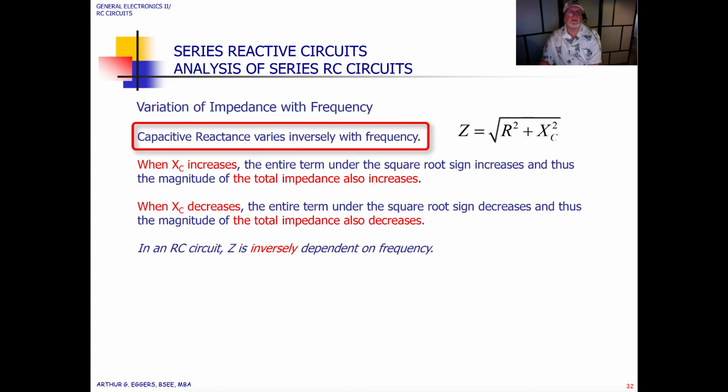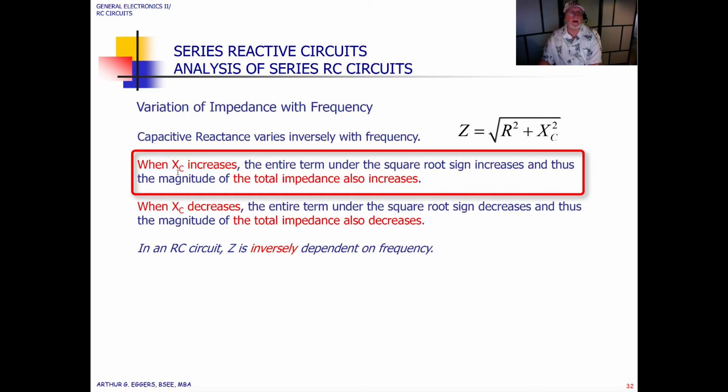Capacitive reactance varies inversely with frequency. So when the capacitive reactance X sub C increases, the entire term under the square root sign increases, and thus the magnitude of the total impedance also increases. This is telling us, because of that capacitor, we've got some frequency dependence going on, and frequency, as we vary it, is going to change the overall value of the impedance.